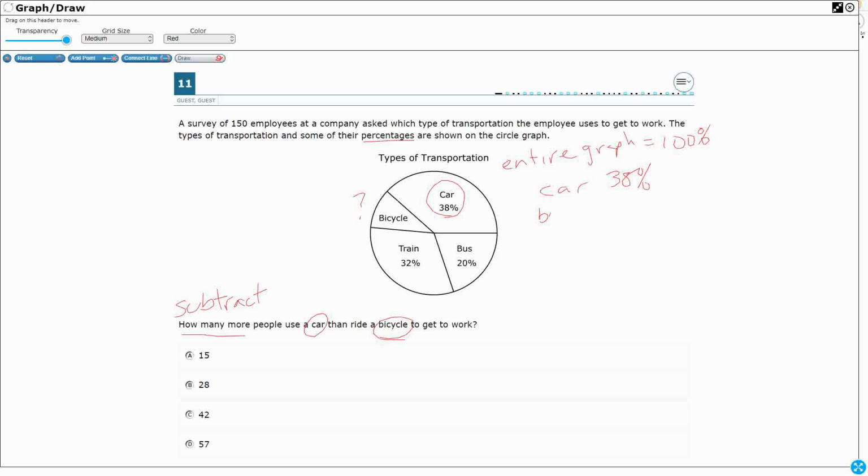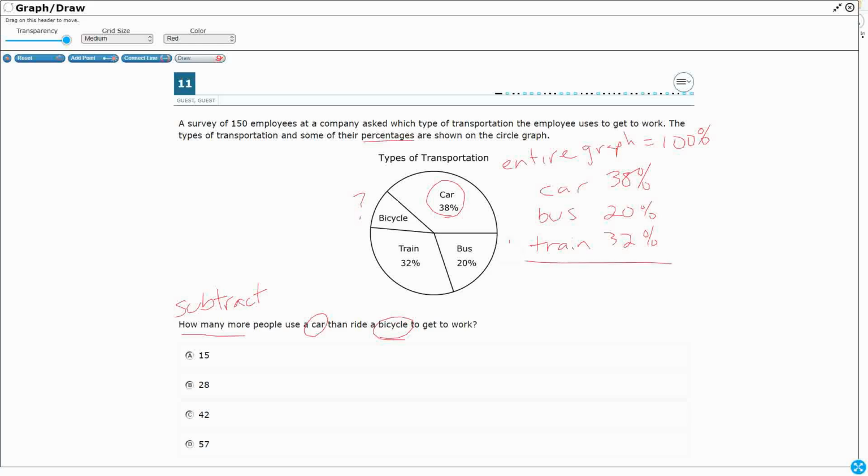I've got my bus at 20%. And I've got my train at 32%.